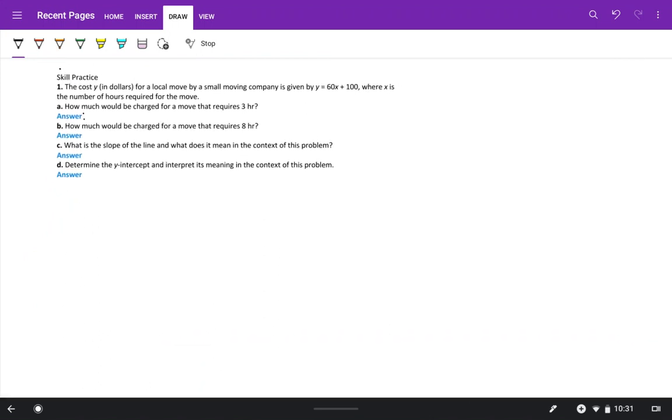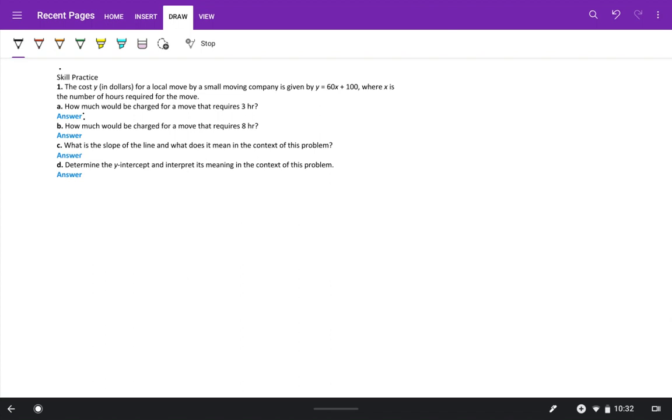So skill practice, this is from your textbook. The cost y for a local move by a small moving company is given by the equation y equals 60x plus 100, where x is the number of hours required for the move. A. How much would be charged for a move that required 3 hours?